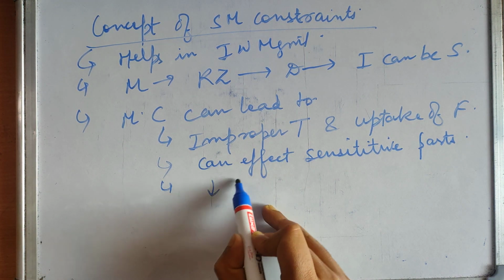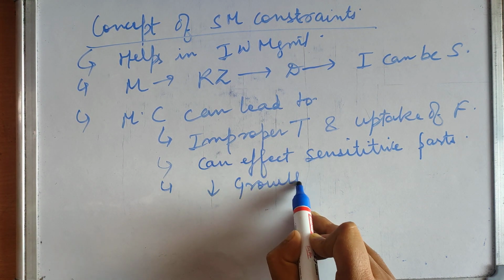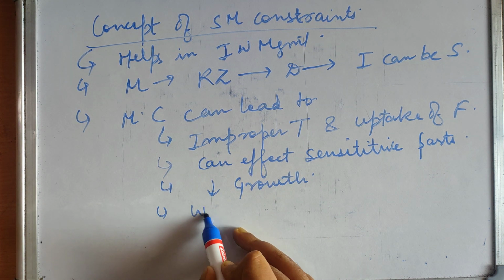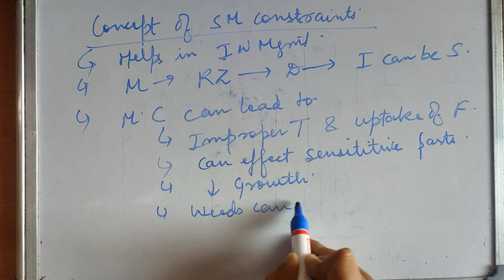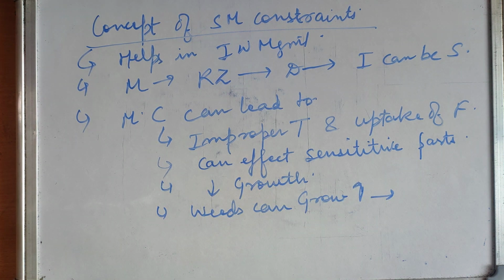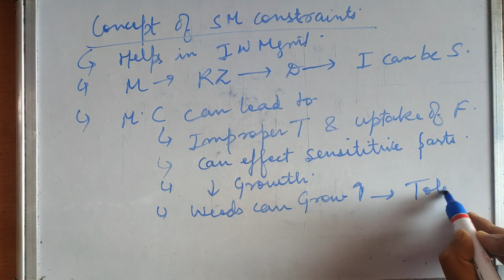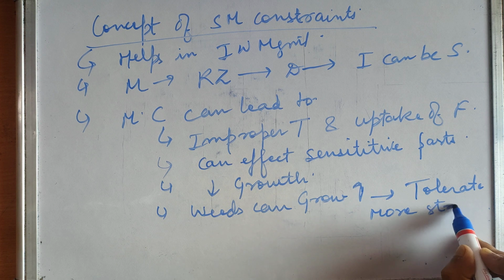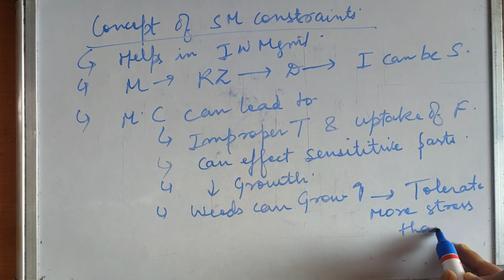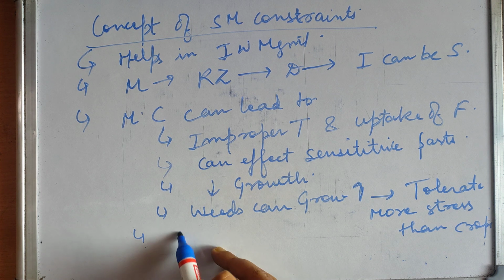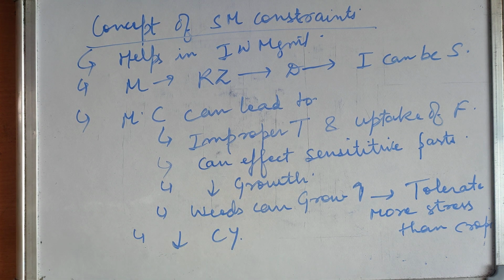Reduced growth. Weeds can grow more because they can tolerate more stress than crops. Reduced crop yield. So soil moisture is important.